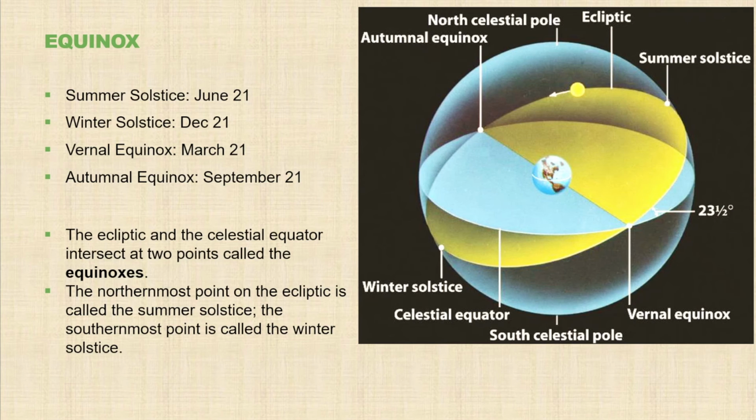I mean, not in real life; these are just imaginary lines, right? Virtually, they intersect each other. That angle is 23.5 degrees, and these 2 intersection points are called the Autumnal Equinox and the Vernal Equinox. And when the sun is at the southernmost point, that's called the winter solstice. That's the summer solstice.